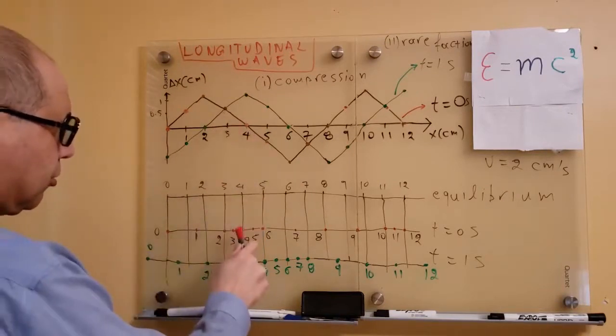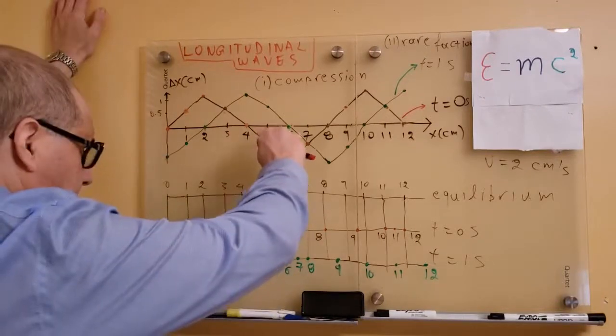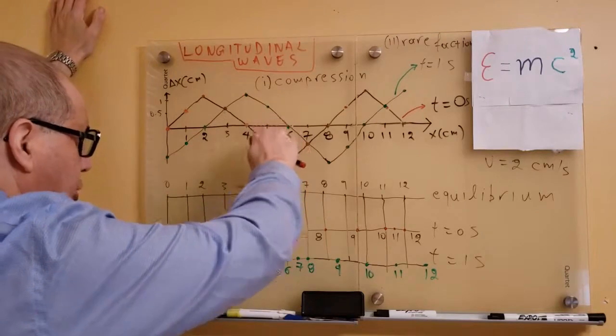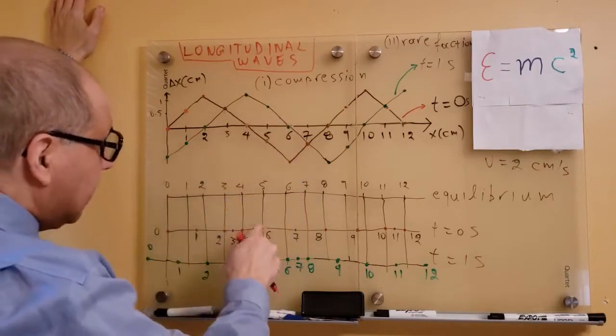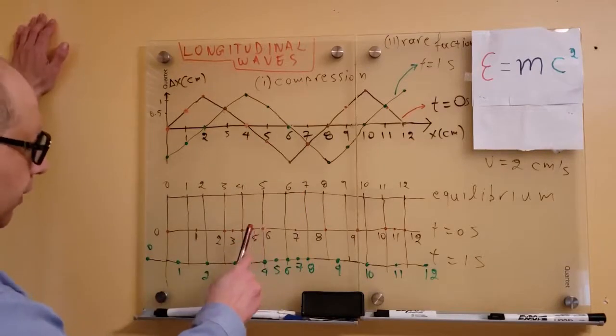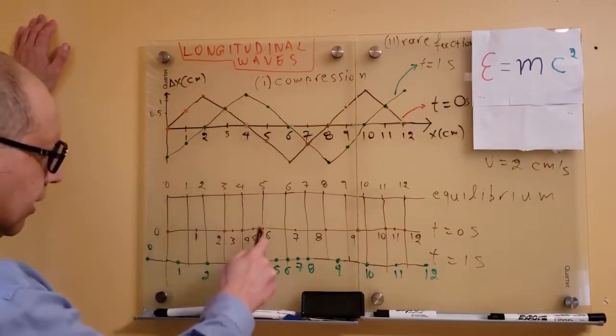Particle 4 is at equilibrium, so it's here. Particle 5 is at distance 0.5 again, but now in the negative, so it's to the left.